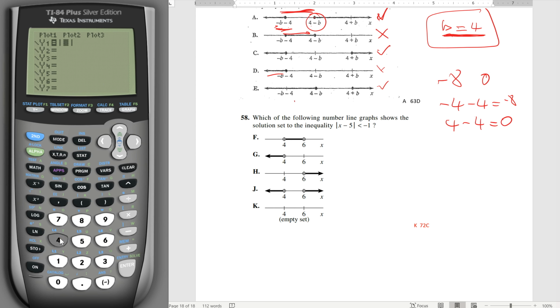We can do what would 4 minus 5 look like, and let's do less than is 5, -1, and then we, oh, how did it do that? That was clever.